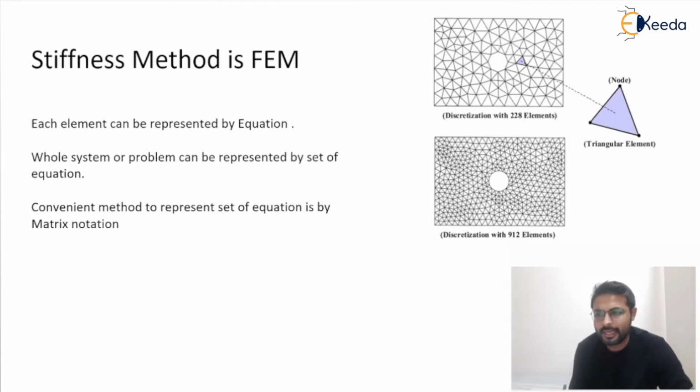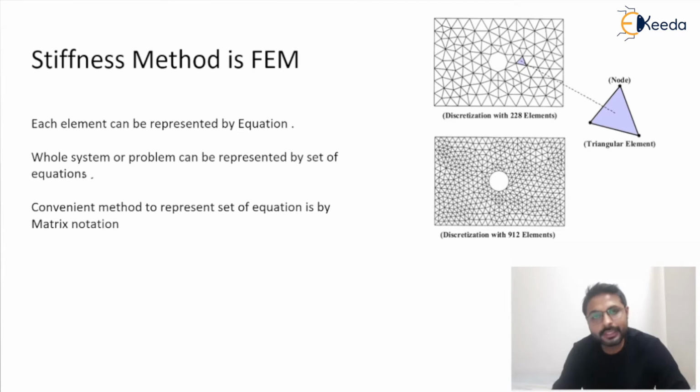As I have said, for a single element we have a single equation. For a set of elements or the whole system, we will have a set of equations. To represent this set of equations, we have one representation scheme, that is the matrix system or matrix notation.